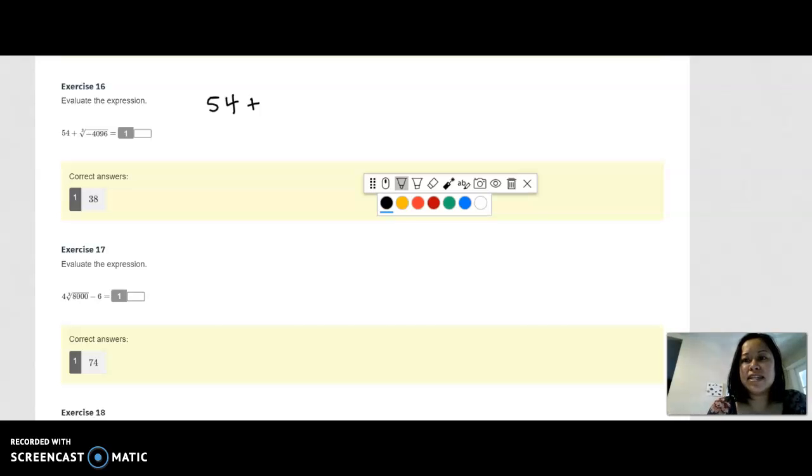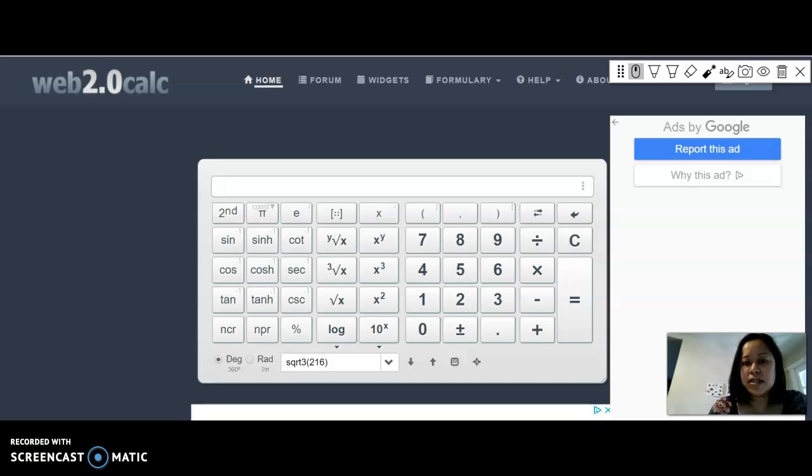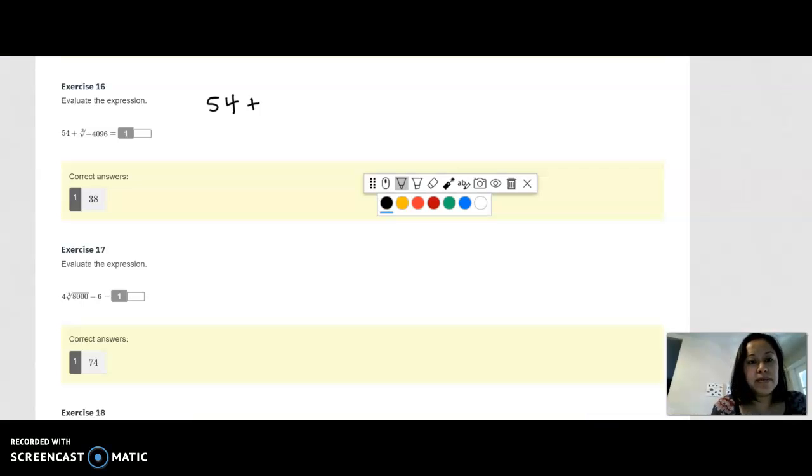If you just simply use your cube root function, which looks like this, we're talking about 4,096. Let's see what happens when we put that in. 16. Thank you, calculator. So now we know it's simply 54 plus negative 16.